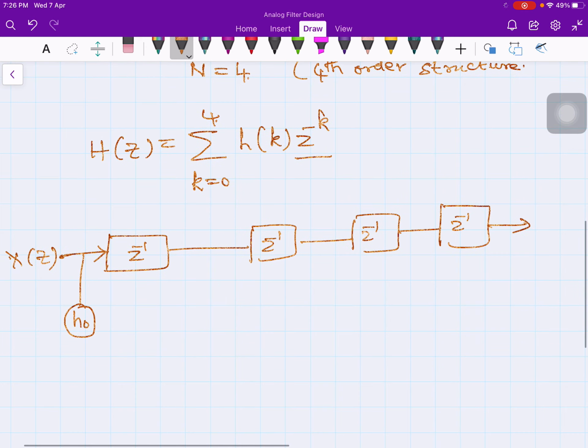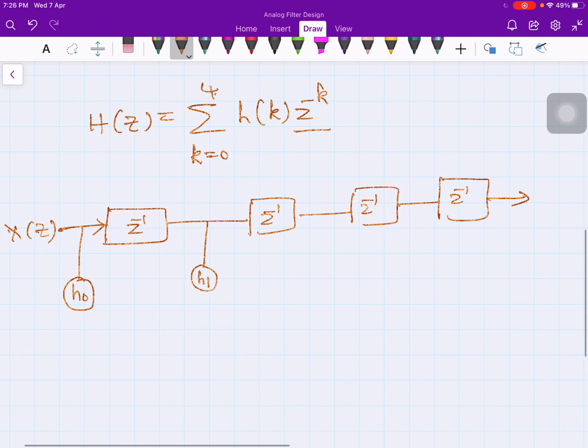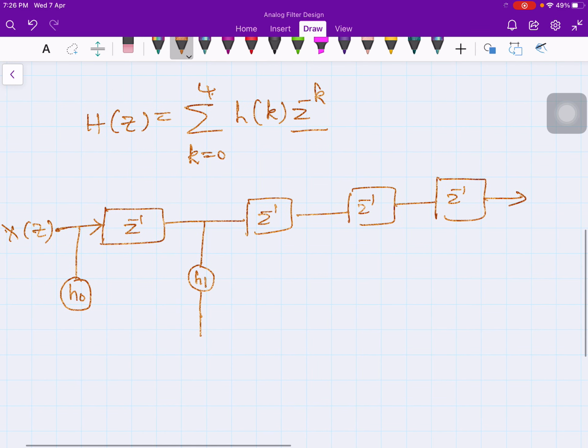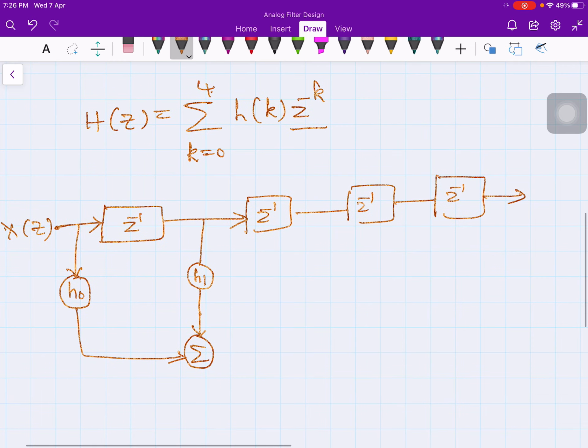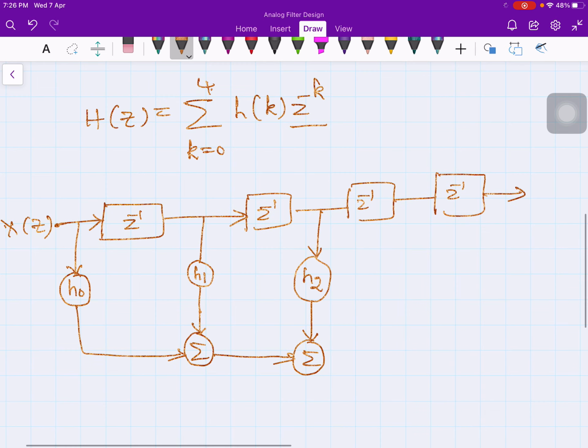Then after one delay, the input is multiplied by h1, and the 2 signals are getting added like this. Then after 2 delays, the input is multiplied by h2, and this adds to the result of this one.